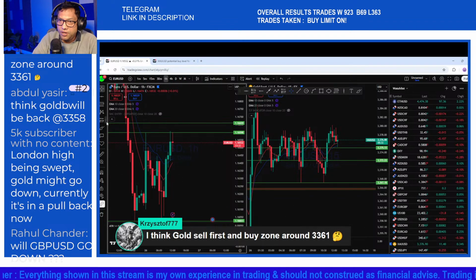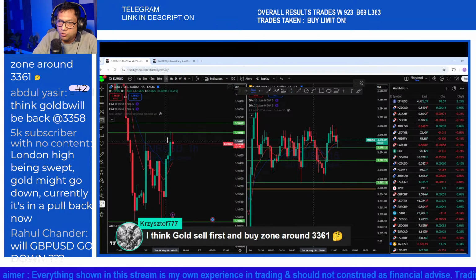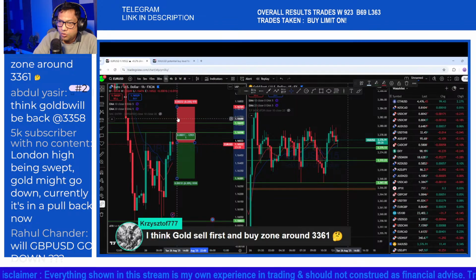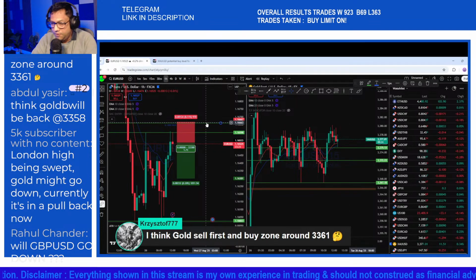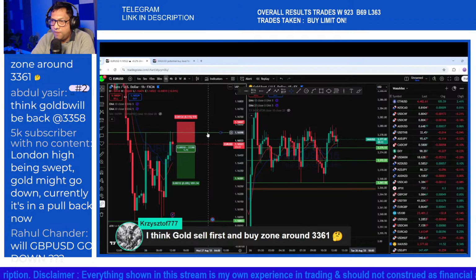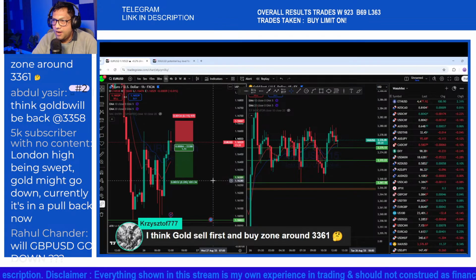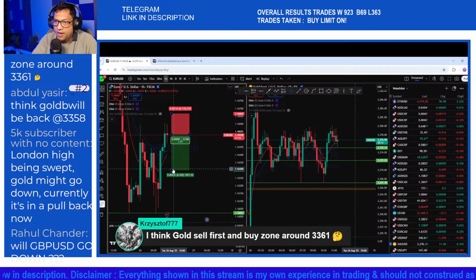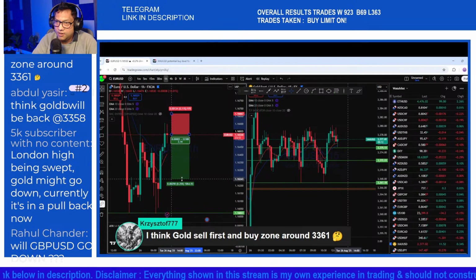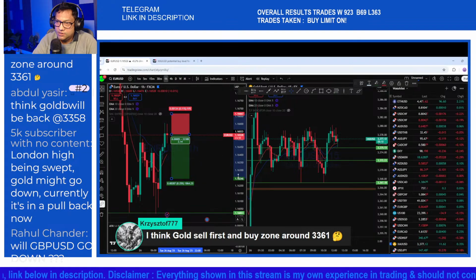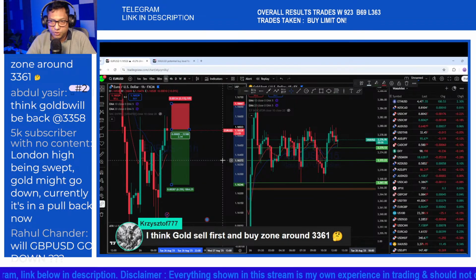Okay guys, so we will be opening sell on euro dollar, which will be entry by market, keeping stop loss above this high here at 1.16667, and we will be targeting to this order block, which is 2-to-1 reward to risk trade, so which is pretty good risk reward.